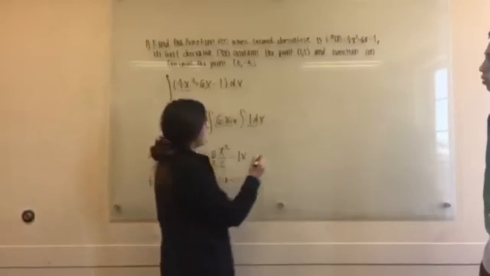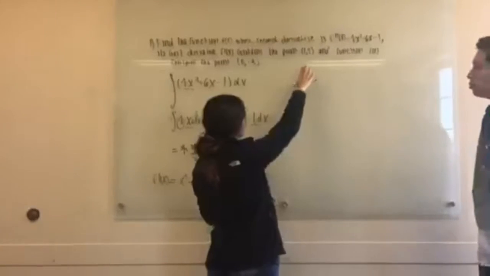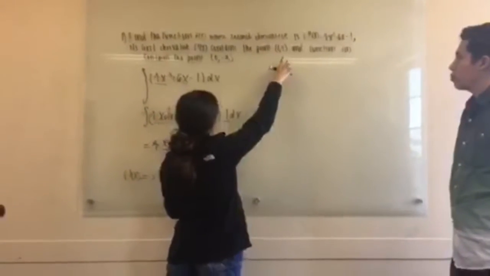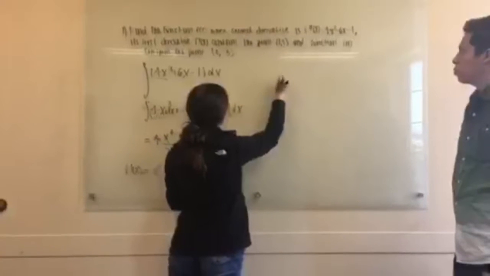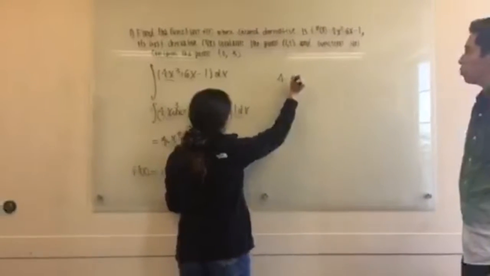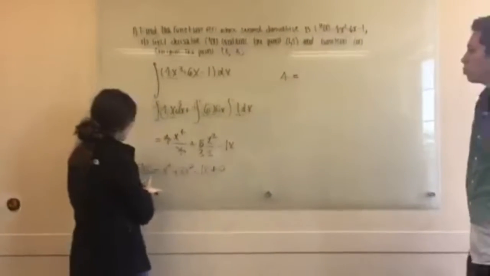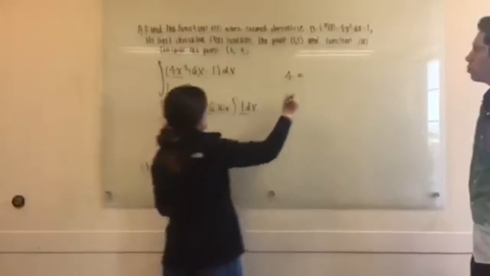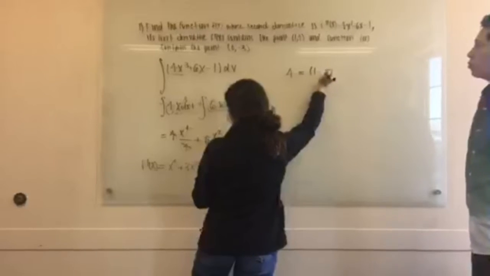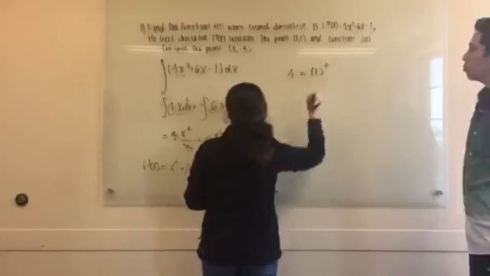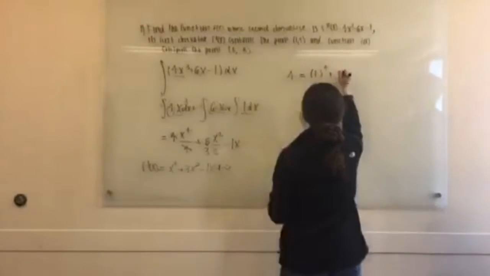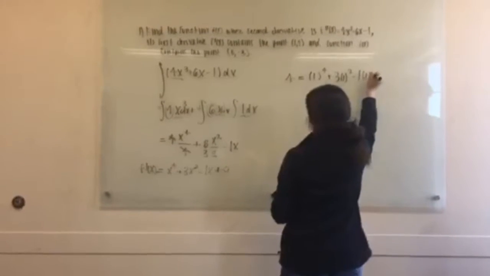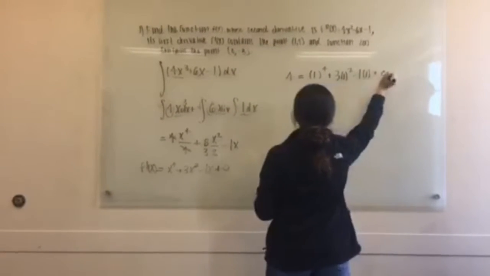So the way to do that is to substitute the point into the variables given. So the y is 4, and then you substitute back into every x variable the 1 from the x. So it'll be 1 to the fourth plus 3 times 1 to the second, minus 1 times 1, plus c.